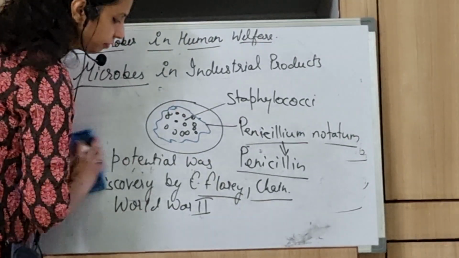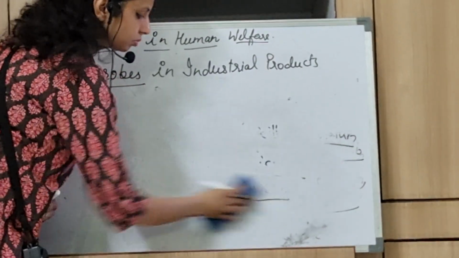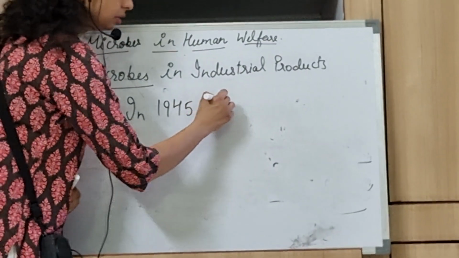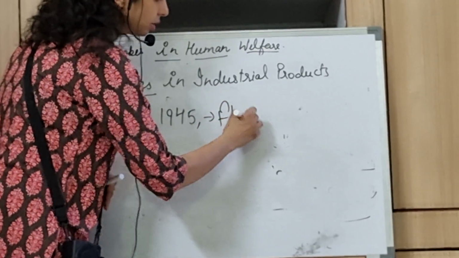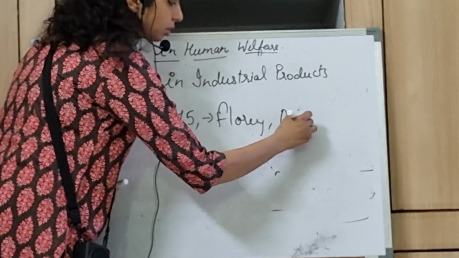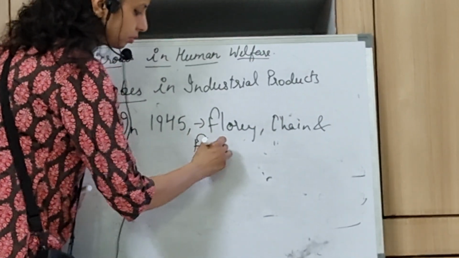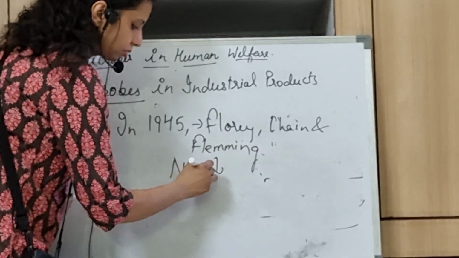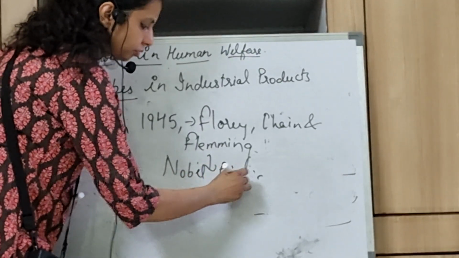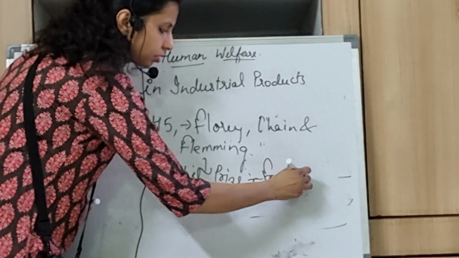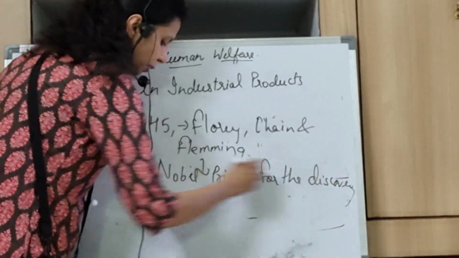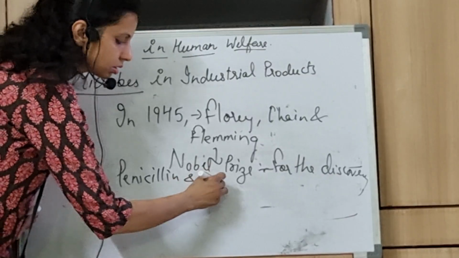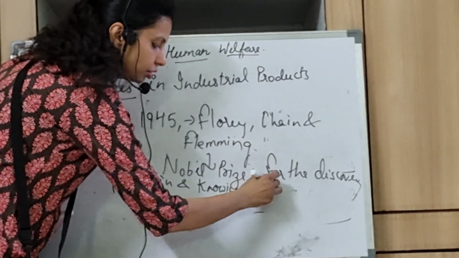In 1945, three scientists, Ernest Chain, Florey and Fleming, won the Nobel Prize for the discovery of penicillin and knowing its full potential.